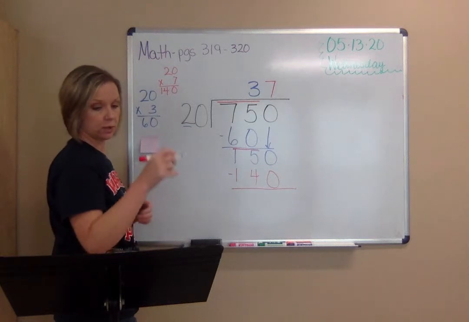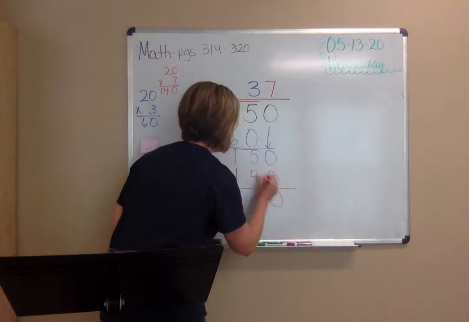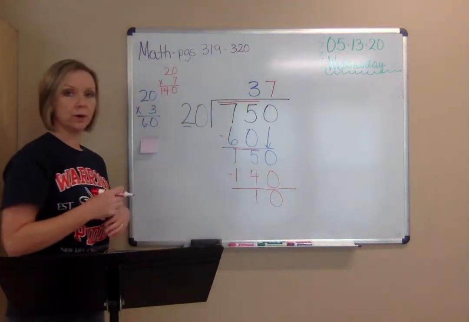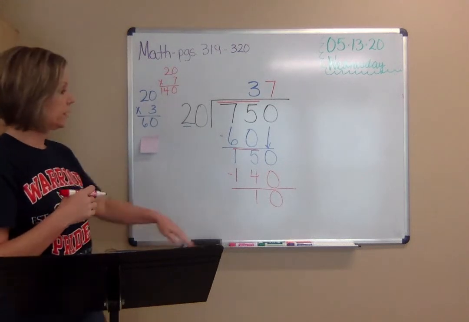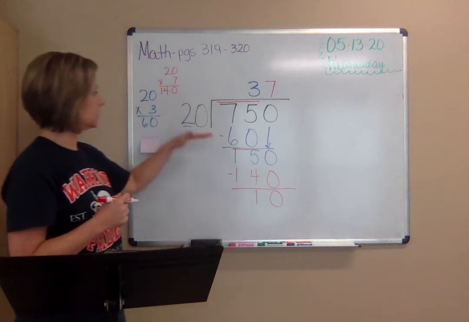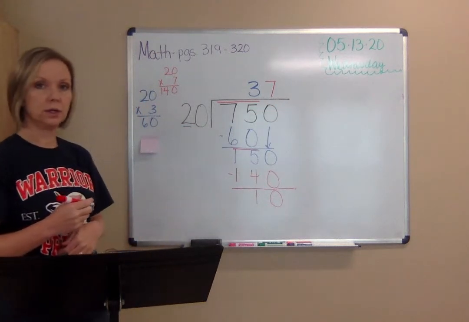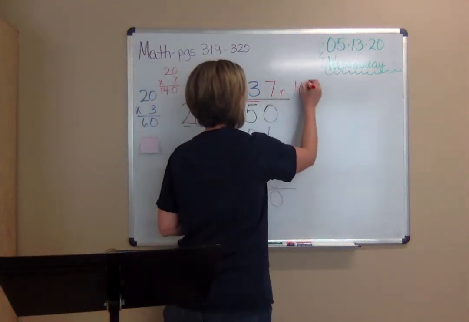Step 7 says continue with remaining steps. 0 minus 0 is 0. 5 minus 4 equals 1. 1 minus 1 is 0. I'm not going to put in that 0, it's getting to be too many numbers. We compare. 10 is smaller than 20. We don't have any numbers to bring down. So now our remainder is 10.